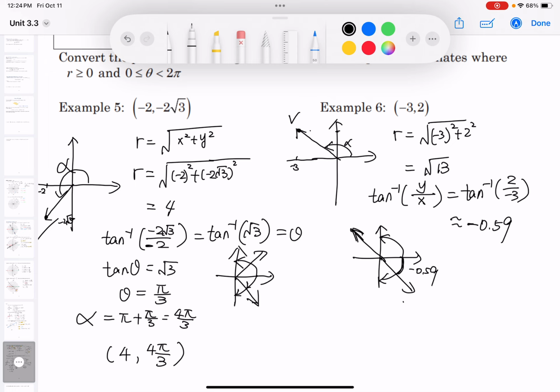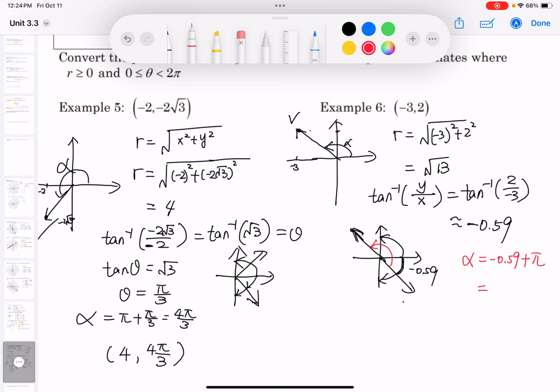I can add 180 or add the pi unit. So we say alpha is equal to negative 0.59 plus pi, because we want to rotate counterclockwise half a revolution to find the angle in the second quadrant.